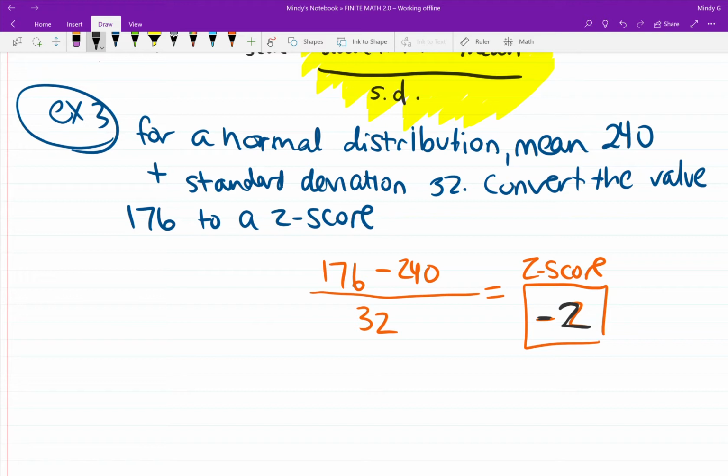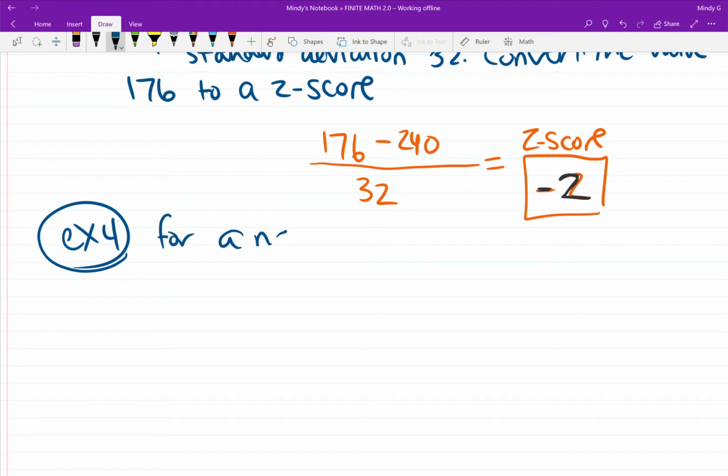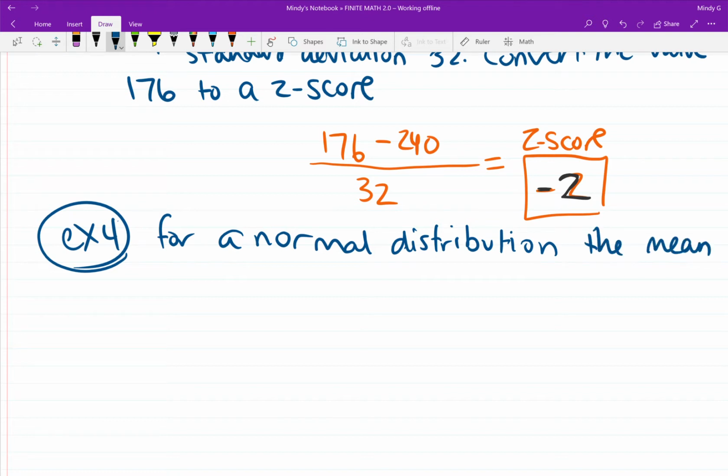Okay. Example number 4. For a normal distribution, the mean is 900. The standard deviation is 60.